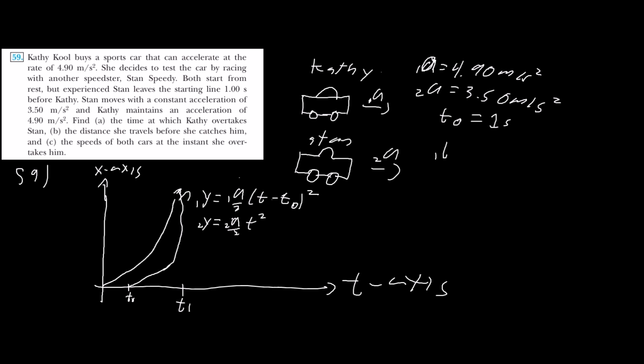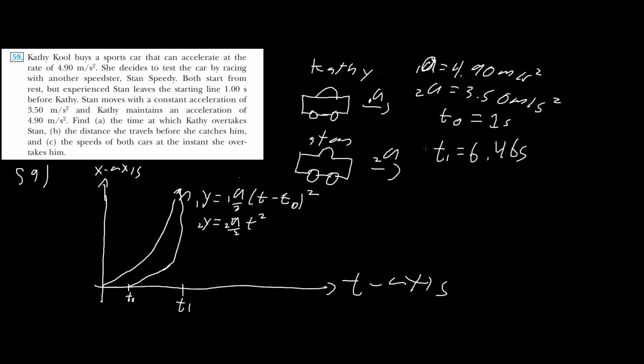Either way, I found the time, and it matches what I confirmed. So the time it takes for them to catch up is going to be 6.46 seconds. And the position, and I think I did set this up correctly, is they're both going to catch up at about 72 meters.